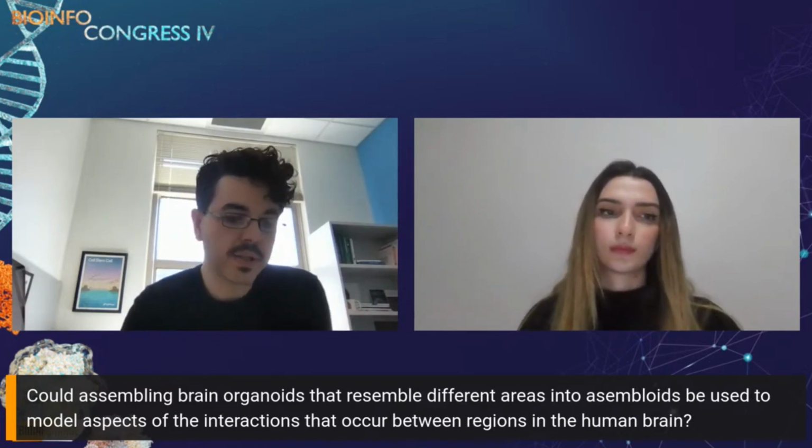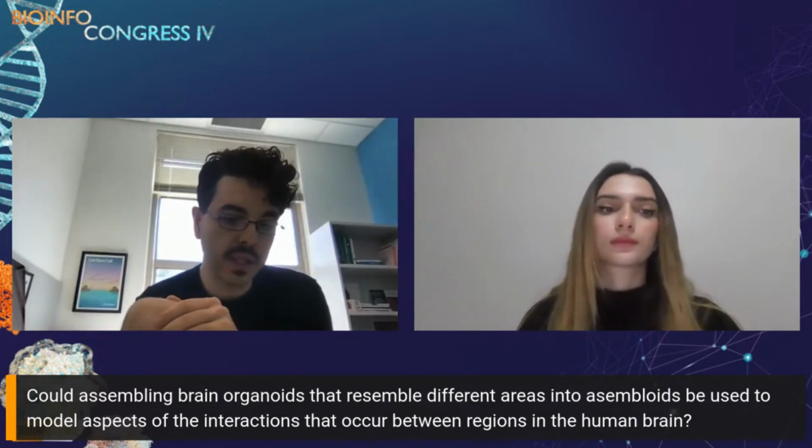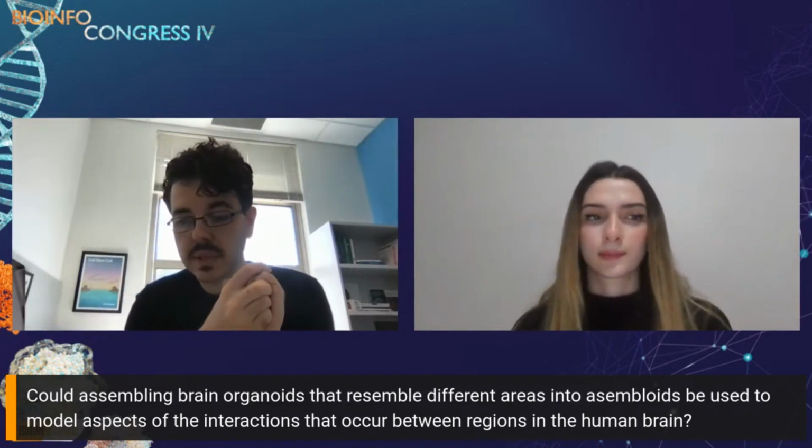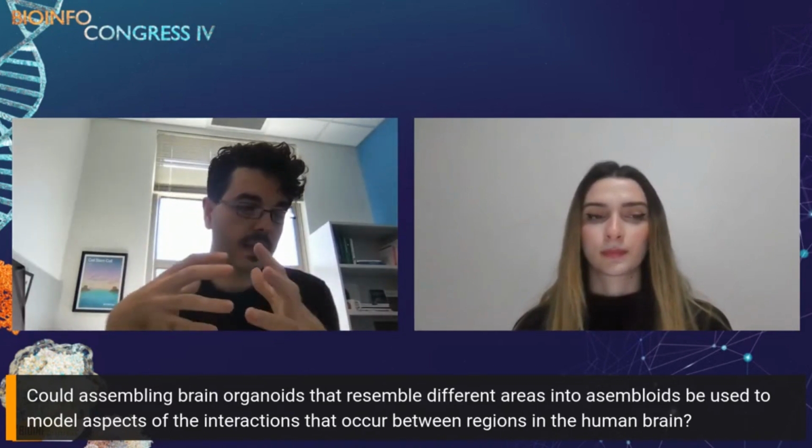We are limited at the moment to the interactions that arise during development. The more nuanced and complicated interactions that the circuits have in the adult, the postnatal to adult end stages of development, I would say we're not there yet.